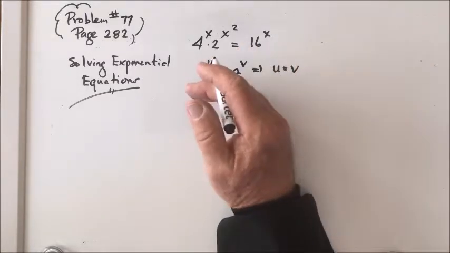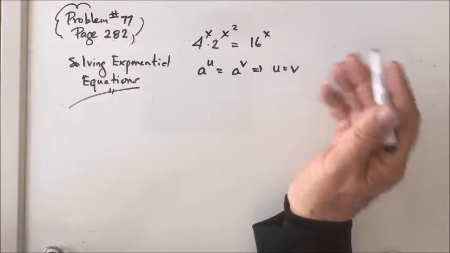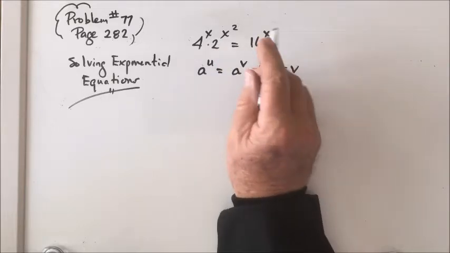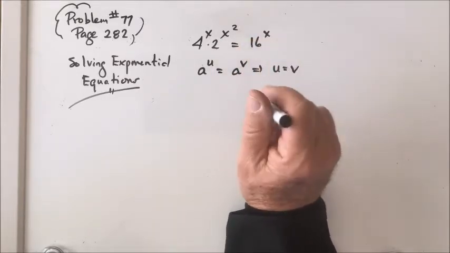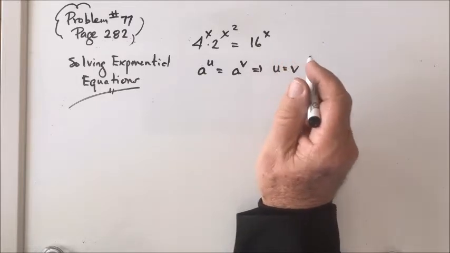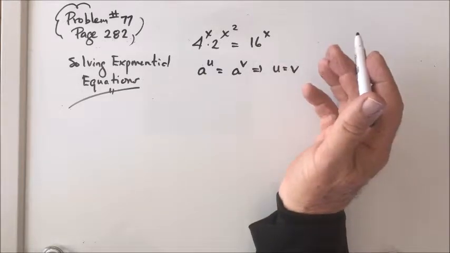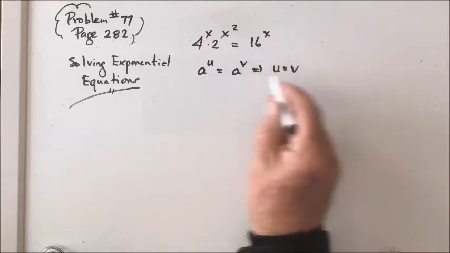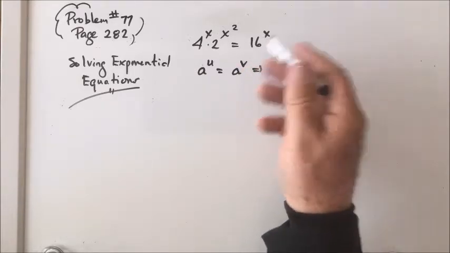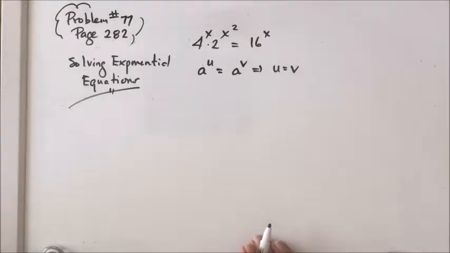That is, you convert this exponential equation to whatever type of equation u equals v is. In this case up here, I believe we're heading towards some polynomial equation, or probably a quadratic equation, and we'll solve that. But that's the technique, making use of this law that allows you to take an exponential equation and turn it into something that you solve.